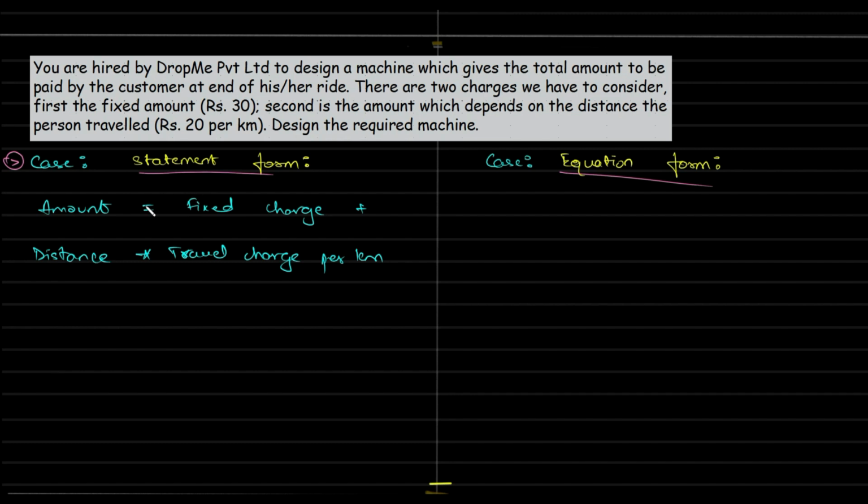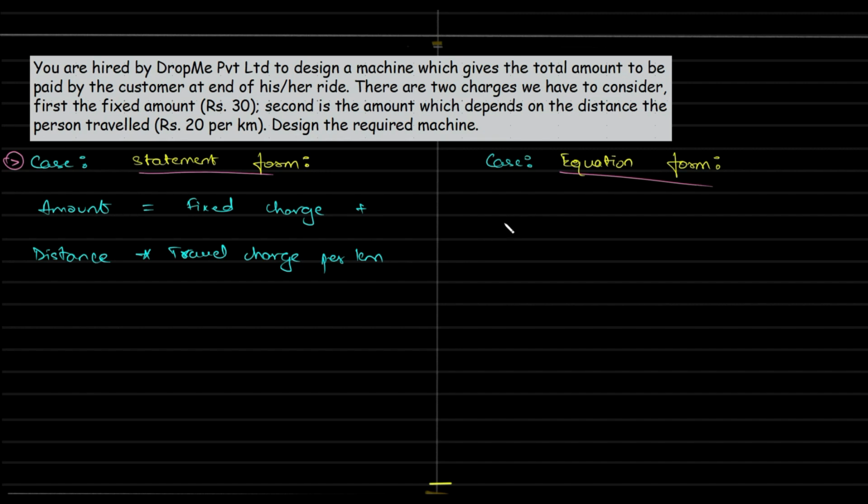Okay, so writing this is not convenient. It's not convenient while you're coding, it's not convenient while you're mathematically doing it on paper. So instead of this, we are writing some other way, and that other way is nothing but your equation form. So we're going to give names to this.